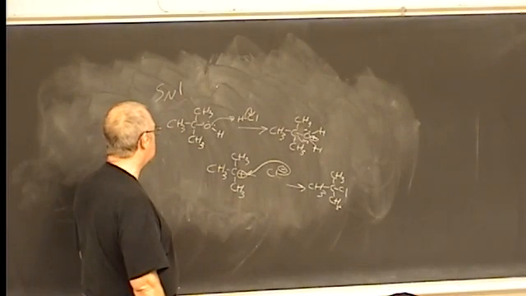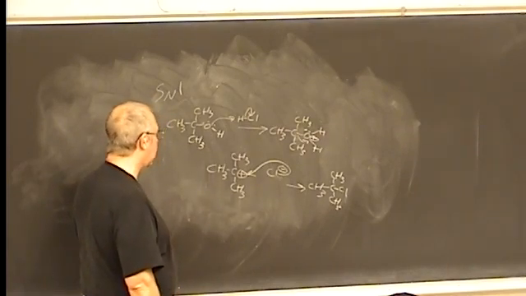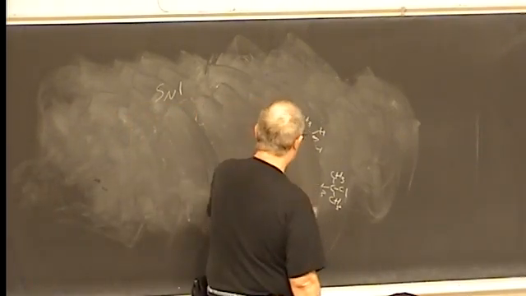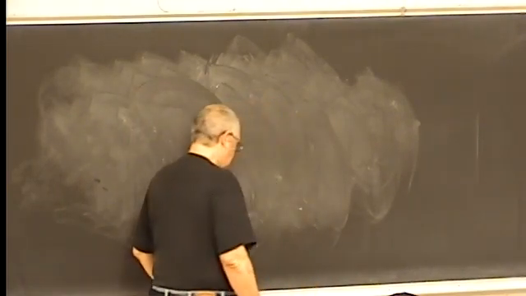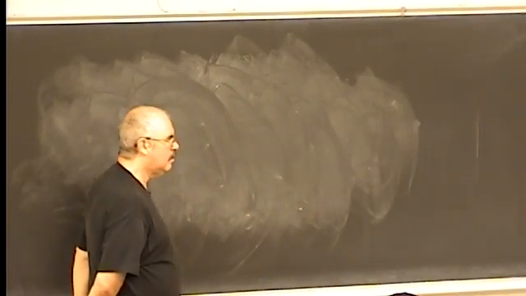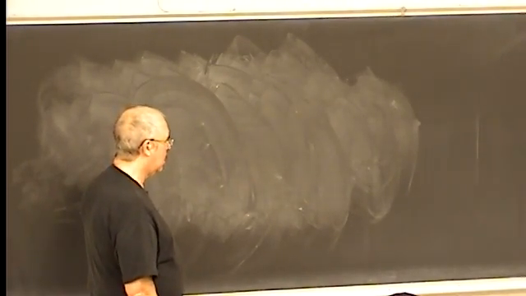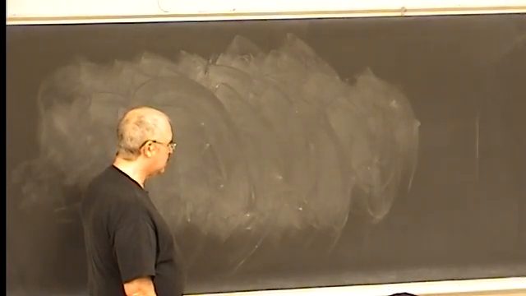The SN1 actually needs a protic solvent and needs to be able to separate both the anion and cation from each other and solvate them. The SN2 requires a strong nucleophile. The SN1, you can use a weak nucleophile, like alcohols or water.